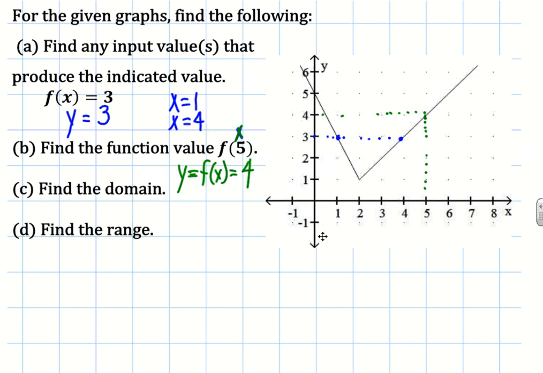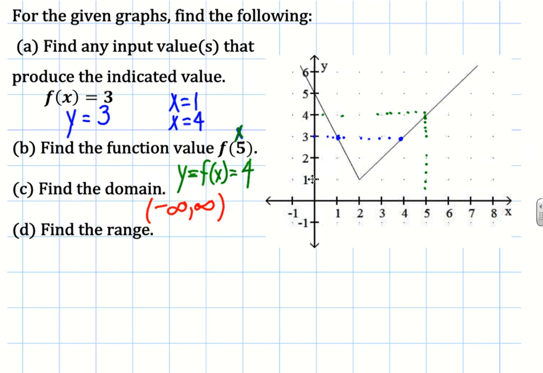So looking at this, first thing I'm noticing, it does not end. It continues on both sides. We don't have a colored circle or open circle there. So what that tells us, on the x-axis, our domain would be negative infinity to positive infinity.